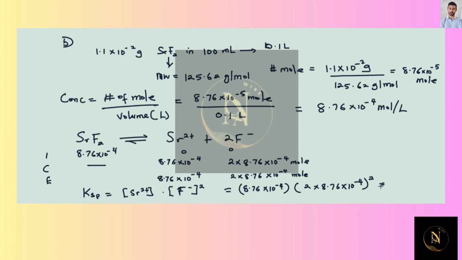So what would this give us? 8.76 times 10 to the power minus 4, times 2 squared, times 8.76 times 10 to the power minus 4 squared. This will give us 2.69 times 10 raised to power minus 9.